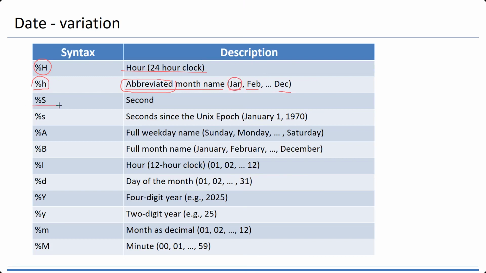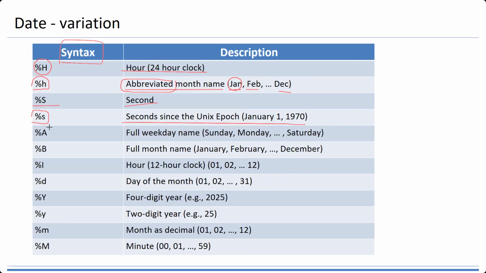If you use the %S, it is about the second. If you are using the %s with small letter, it is seconds using the Unix epoch. So they have a kind of standard for this kind of date time formatting. Please check what are the good format or syntax for you to use.